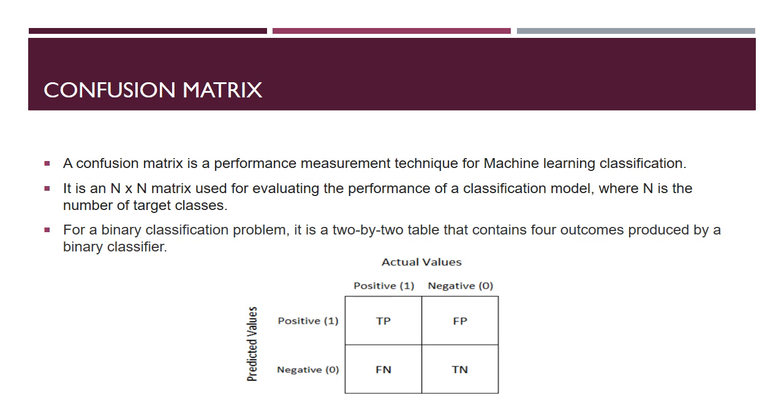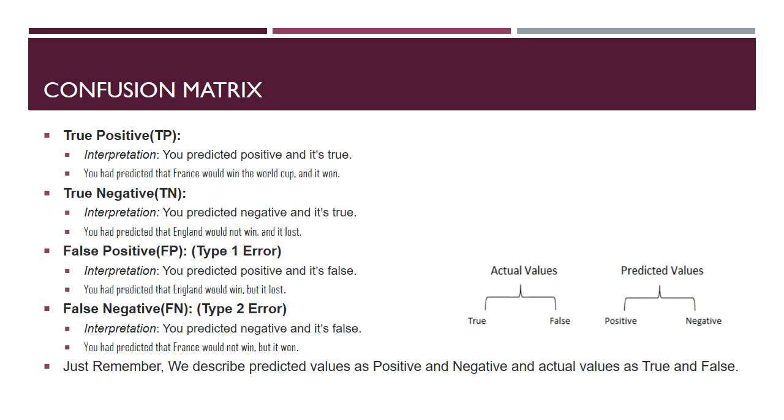So it was actually the positive class, but the model predicted a negative class. So these are two errors, and we also call them type 1 and type 2 errors. False positives are called type 1 error, and false negatives are called type 2 error.